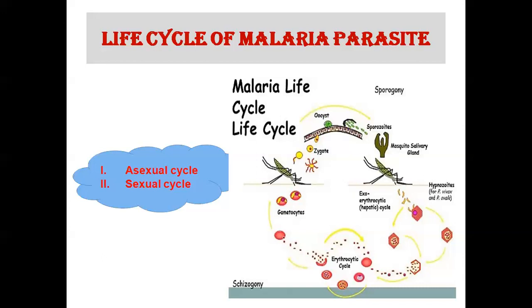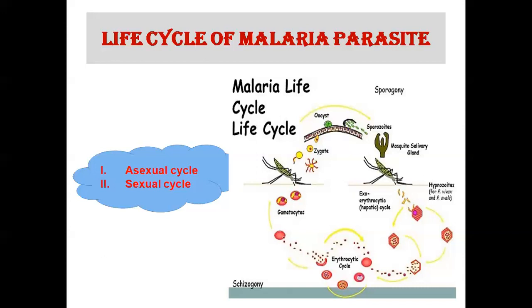The merozoite comes from the liver, is released in circulation, and then enters a red blood cell, and within this red blood cell it multiplies. The rupture of the red blood cell releases more and more merozoites.